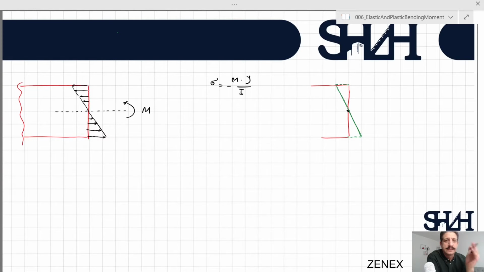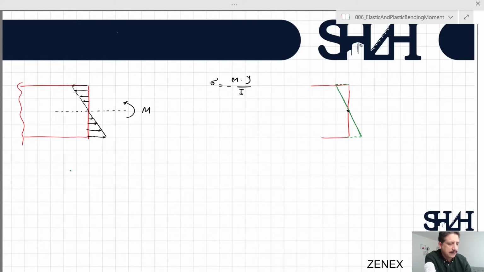Like in the other example where we assumed the element is completely rigid, we can assume that the section is completely rigid and bent, but still keeps its form, which is a plane. Now, by increasing the moment M, we can easily see that the first fiber of the cross section that would yield is the furthest fiber.